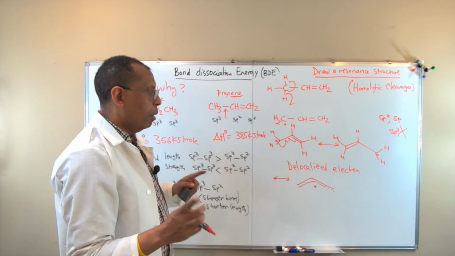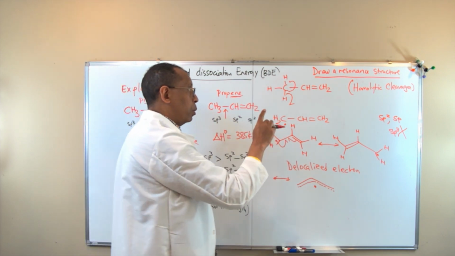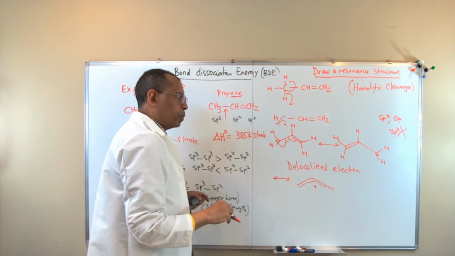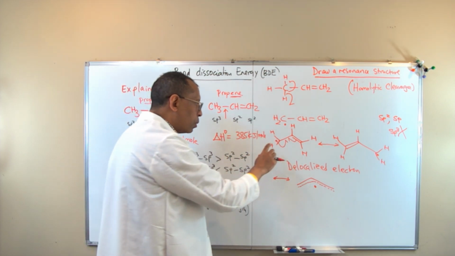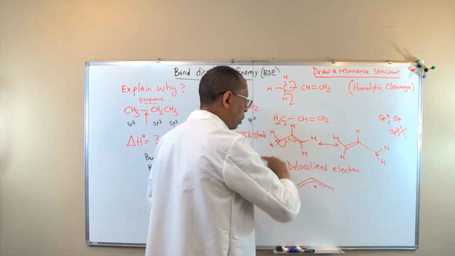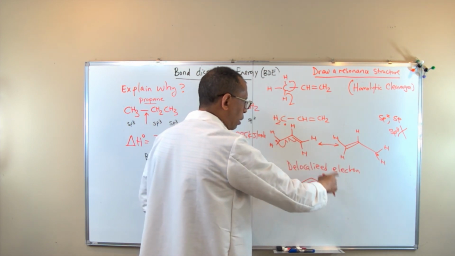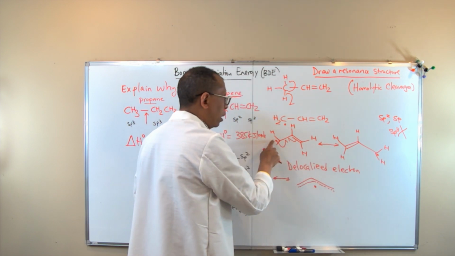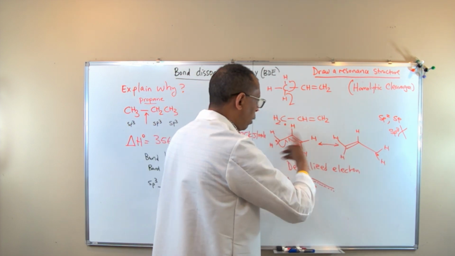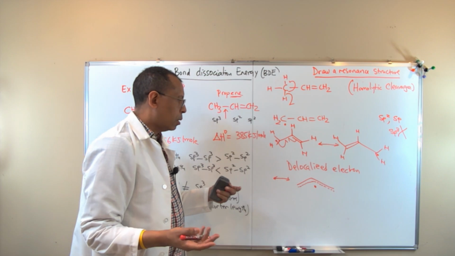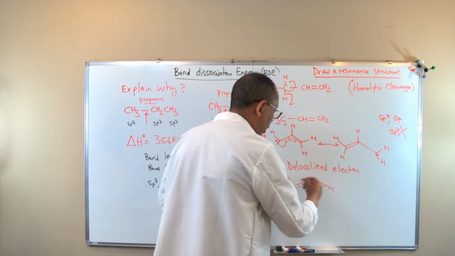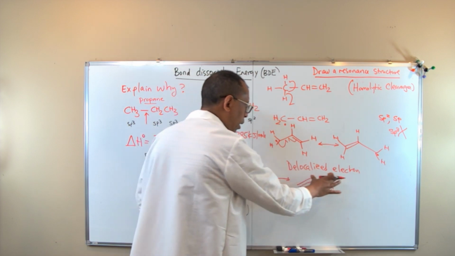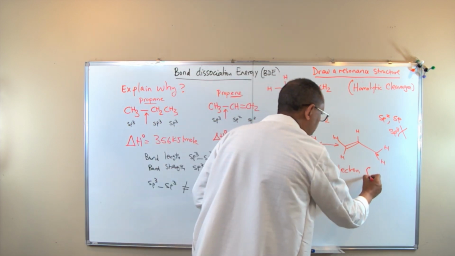We'll do more examples as we clearly see how we apply resonance. So this radical is resonance stabilized, meaning that it can go in any direction and stays in one without any distinction. So this picture is a delocalized electron flow. That's what you see.